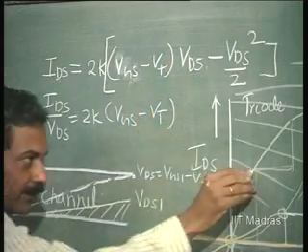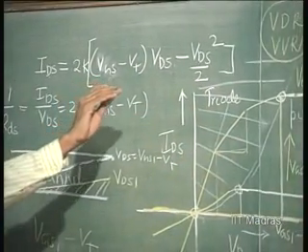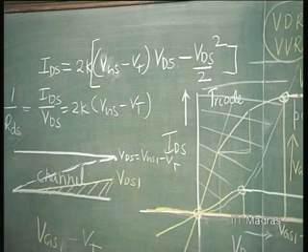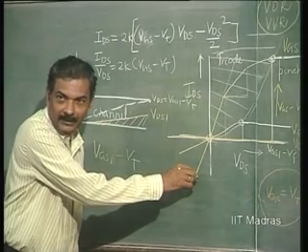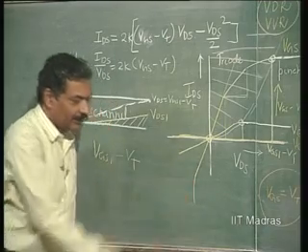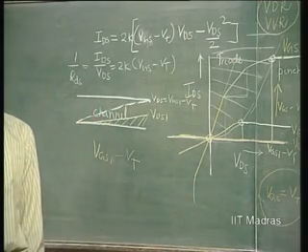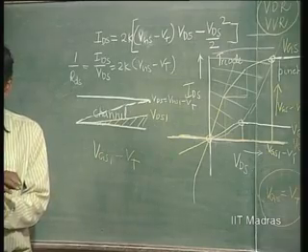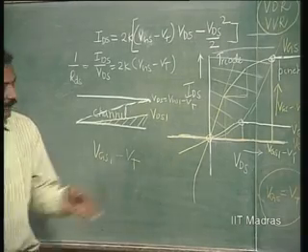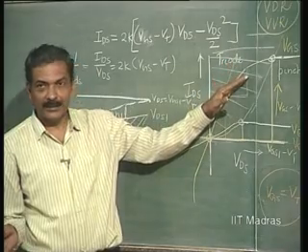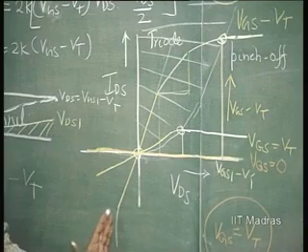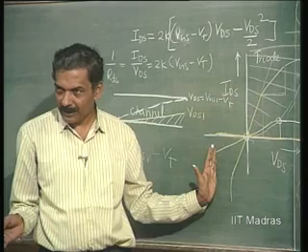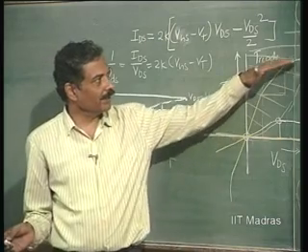That means some current is going to be reduced, and the reduction depends upon the square of VDS. Since it is square, here it is getting reduced, and here it is getting added, because VDS changes polarity, but VDS square does not change polarity. So, this is the nonlinearity that comes into the picture.